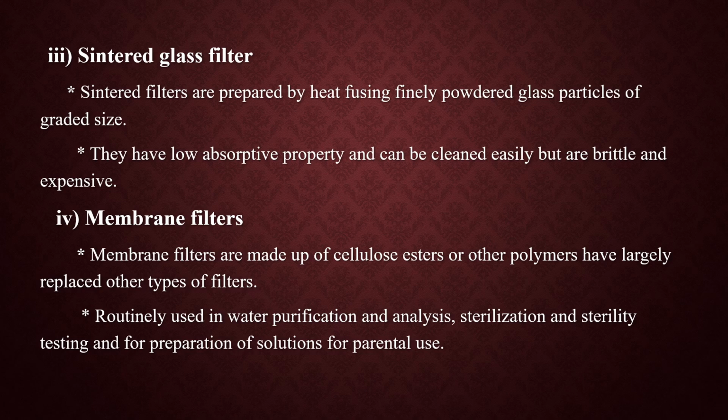Membrane filters are made up of cellulose esters or other polymers and have largely replaced other types of filters. These filters are routinely used in water purification and analysis of water, sterilization and sterility testing, and for preparation of solutions for parenteral use.